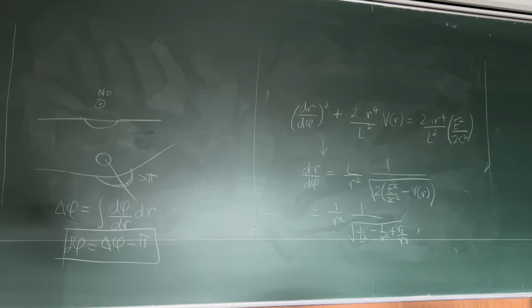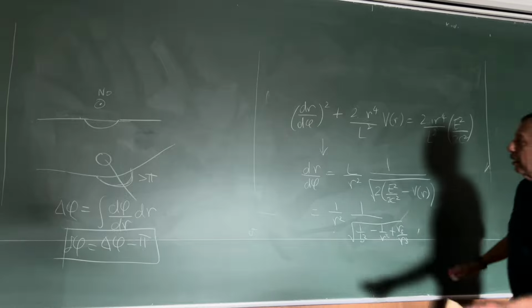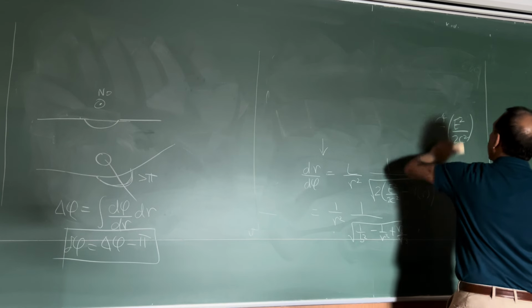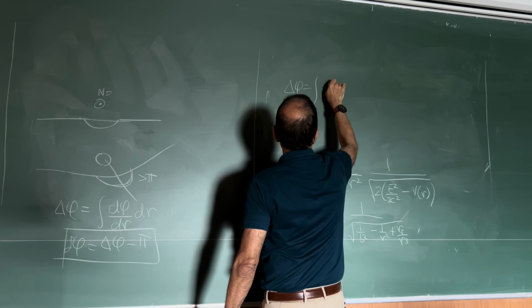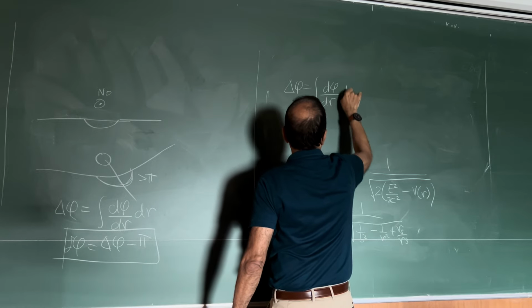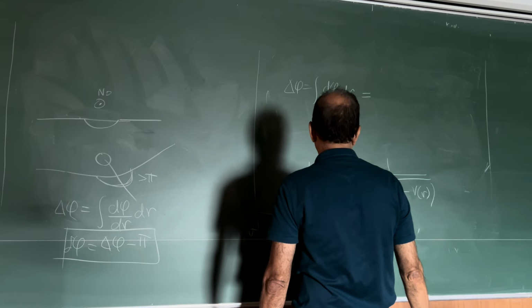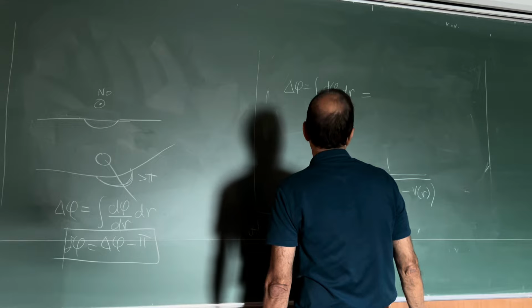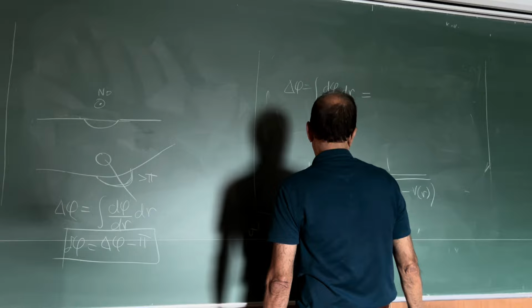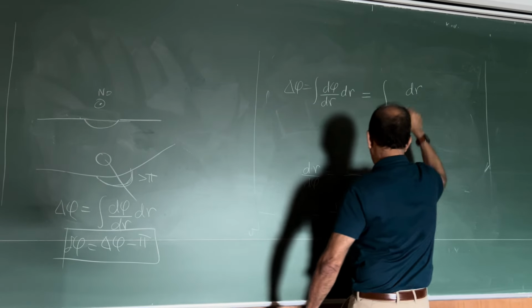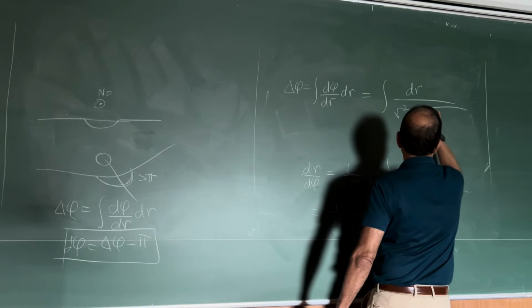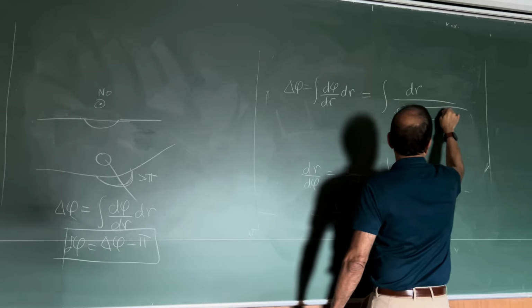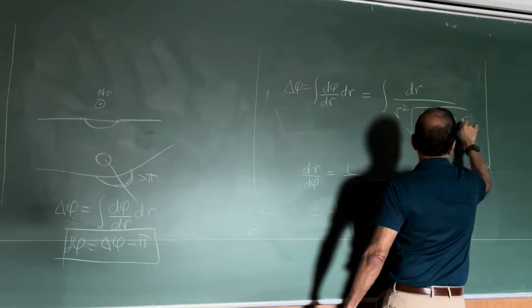So that's delta phi. If we set that up as an integral, delta phi is equal to the integral of d phi by dr, and that's equal to the integral of dr upon all this stuff, r squared and this root of 1 by b squared minus 1 by r squared plus rs over r cubed.